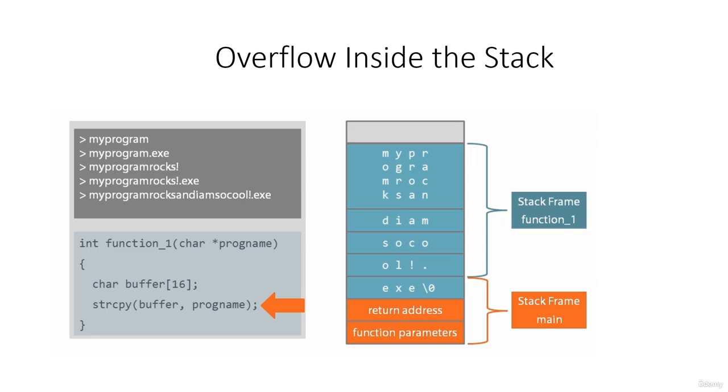Onto the stack we see that 9 characters of the name of the program were copied into the buffer, followed by a null character represented by \0, the symbol in the C language. A string is always terminated with an ASCII null character to mark where the string ends.